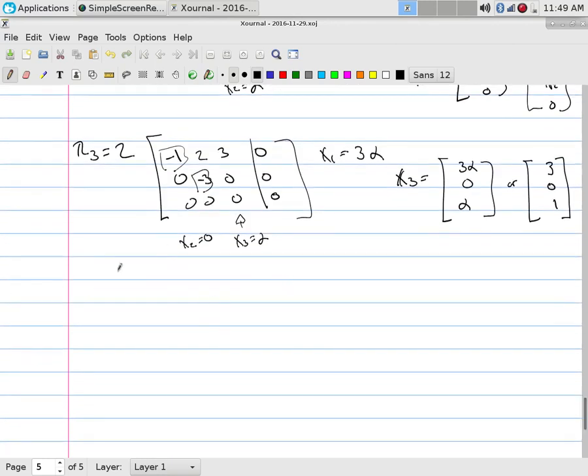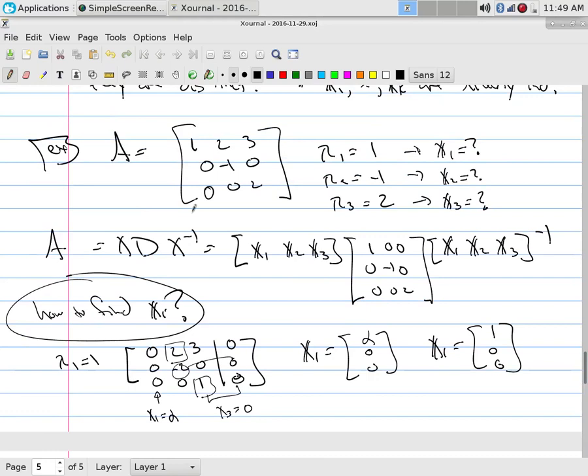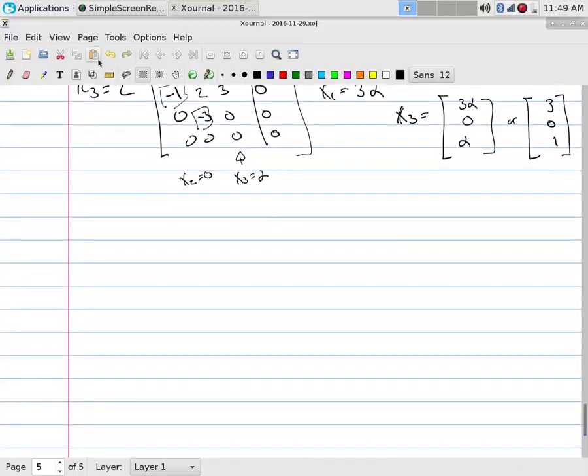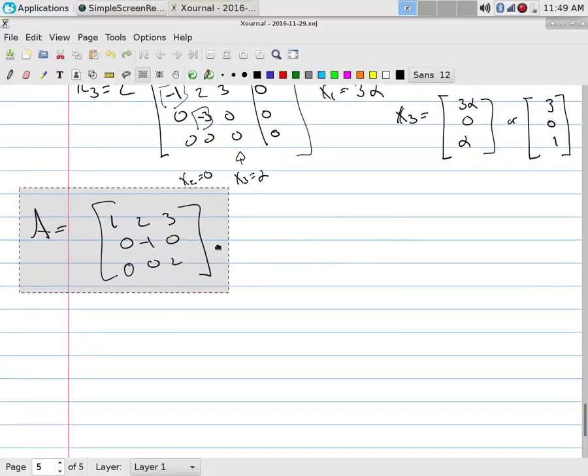Okay, now, here's the deal. So we found that A, what was A? I keep forgetting that. So there's my A. Copy, paste, is going to become x d x inverse. And so what's x?